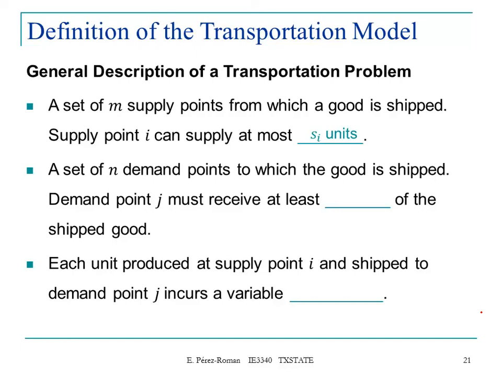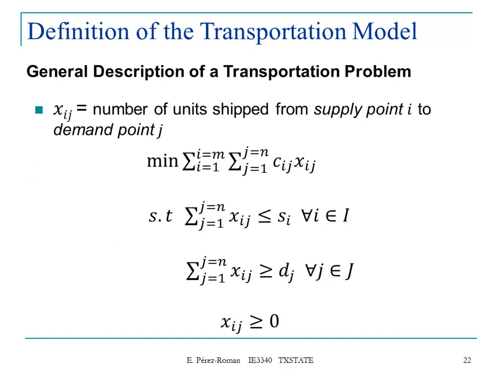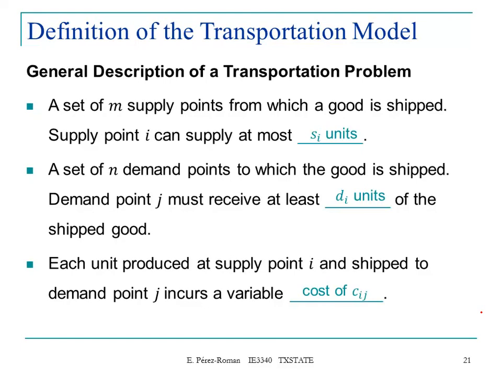Demand point j must receive at least d_j units of the shipped goods, and each unit produced at supply point i and shipped to demand point j incurs a variable cost, Cij. So you're able to get those s_i units, d_j units, and cost Cij.